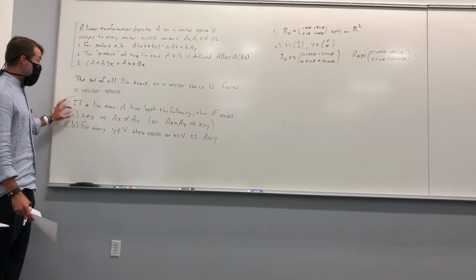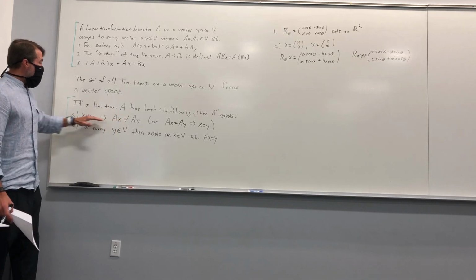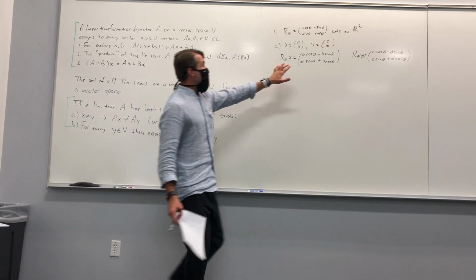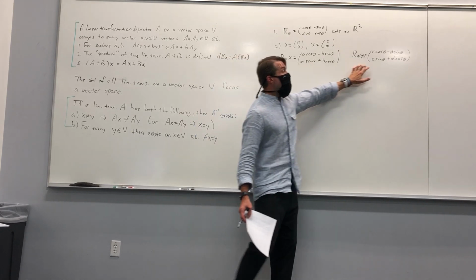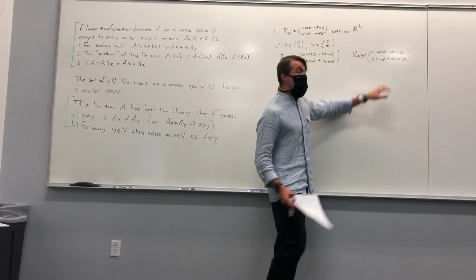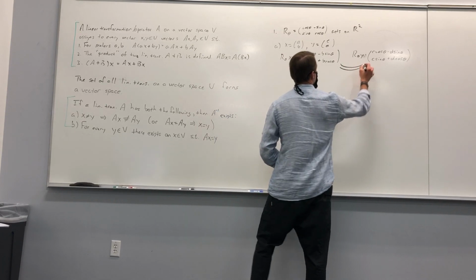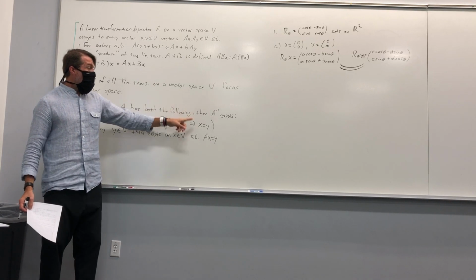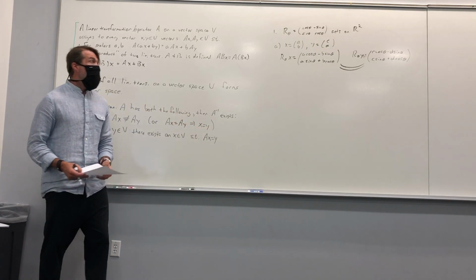I'm checking out condition A, and we'll check condition B in a minute. But instead of using the negative, I'm going to use the positive. So let's set the result of applying the linear transformation to x equal to the result of applying the linear transformation to y, and let's see if this forces vector x to be equal to vector y.